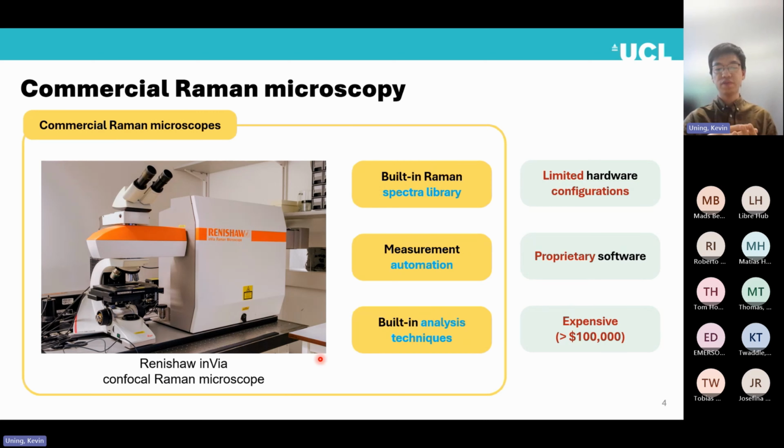It also has built-in analysis techniques, which makes it appealing for a certain group of industrial or, well, commercial applications. However, these systems tend to also be a little bit limited in hardware configuration, have some degree of proprietariness in their software, and can also be very expensive.